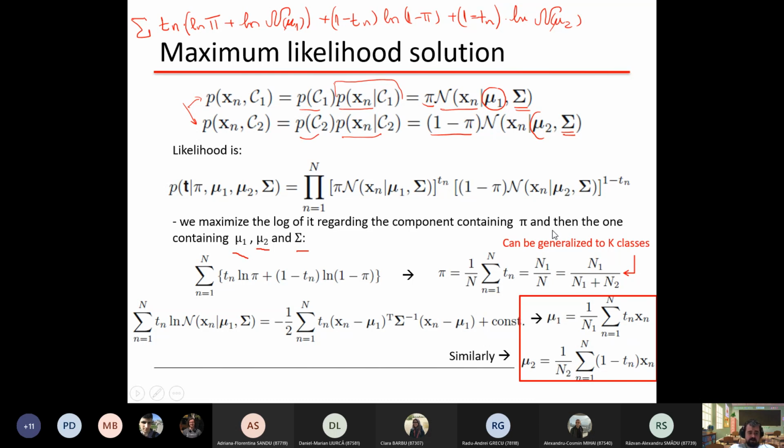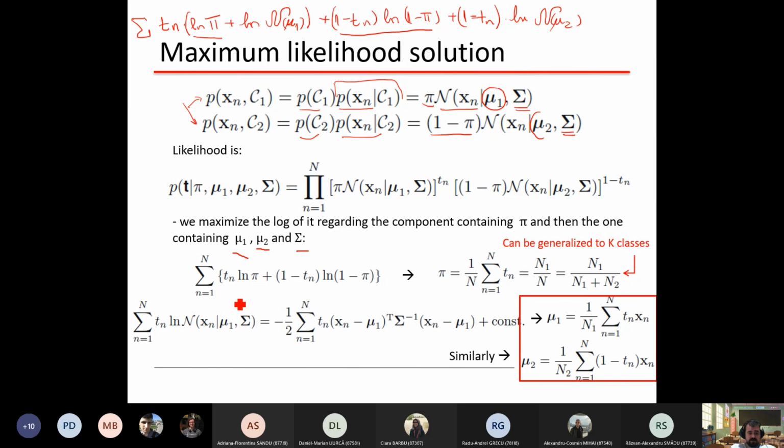If we consider the terms with pi, it means that we are interested in this term and this term, because this term doesn't have pi in it, and also this term doesn't have pi.